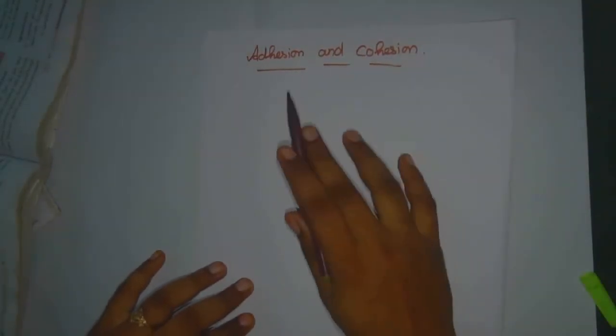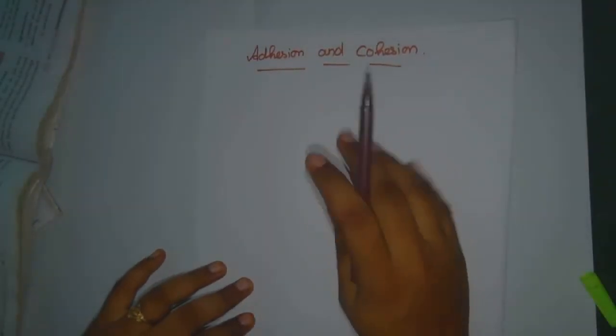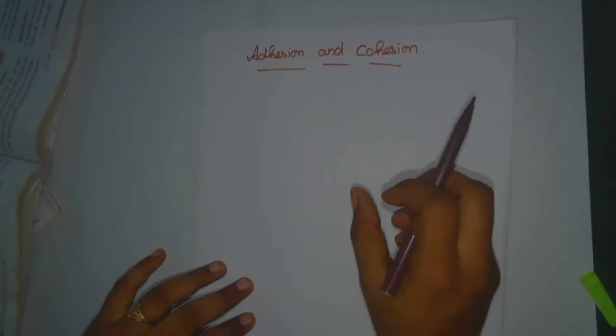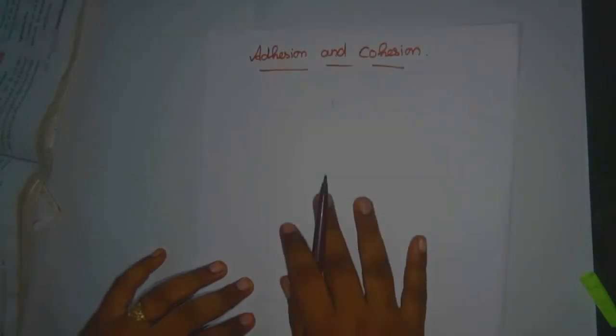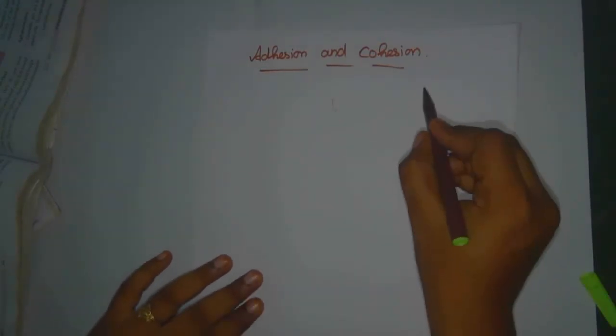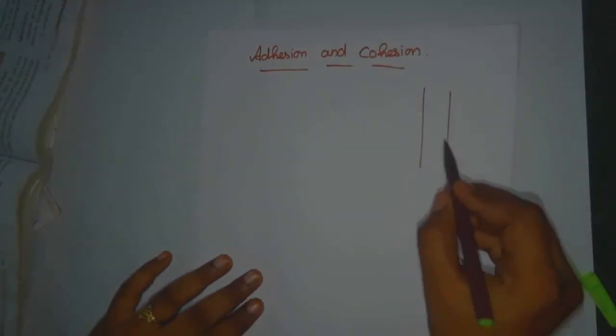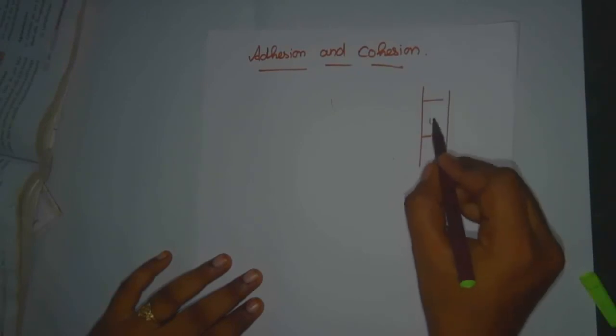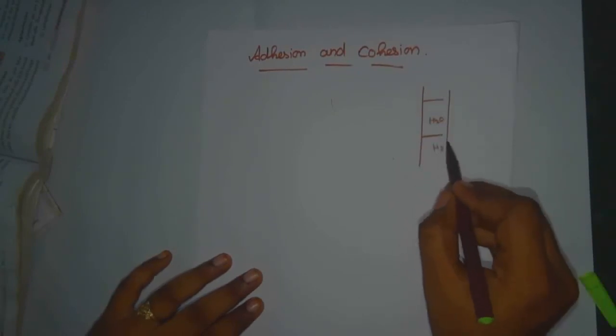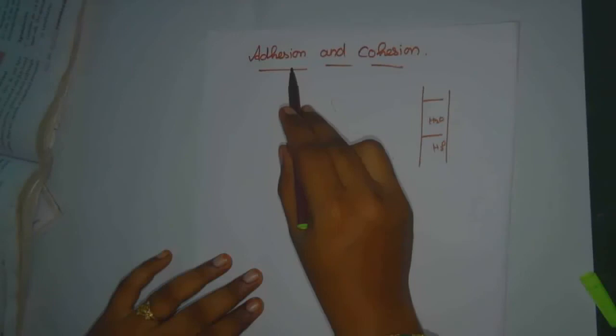The next topic is adhesion and cohesion, which means a force of attraction. There is a force of attraction between water molecules. That is the meaning of adhesion and cohesion. Water molecules are present in the xylem part in a continuous format because of this force of attraction. Let me see it one by one.